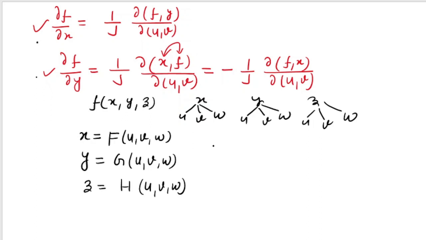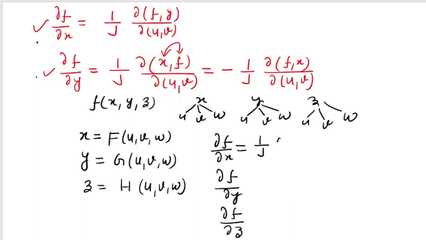And what I want to write is del f by del x, del f by del y, and del f by del z. So for that, I have to write 1 by J, the Jacobian of transformation, and I think you are smart enough to guess what it will be. It will be del of, and when you are differentiating with respect to x partially, in place of x you will write f, and here you will get y and z, divided by del of u, v and w.